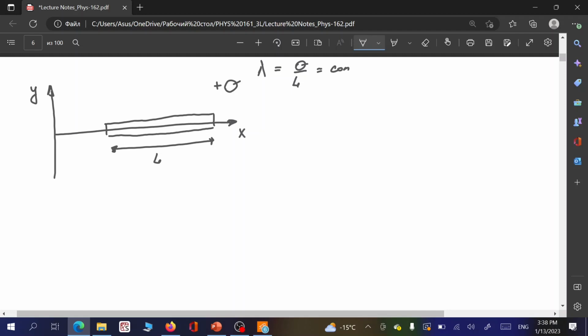So this is constant. It's not a function of position along axis X.